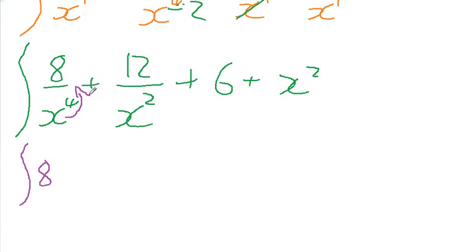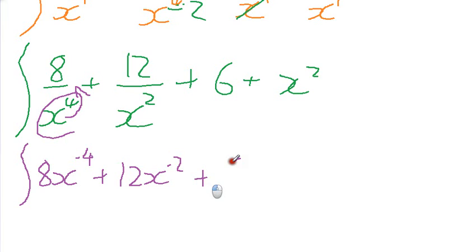And the way that we do that is we put a little minus in front of the indice that it had, the number 4 there. So let's do that with all of them. So we could say plus 12x to the minus 2 plus 6 plus x squared. We don't change the 6 and the x squared because they weren't over anything. They weren't a fraction.